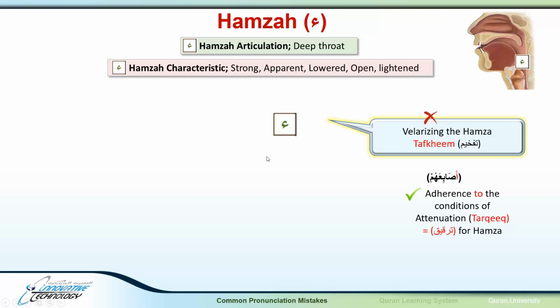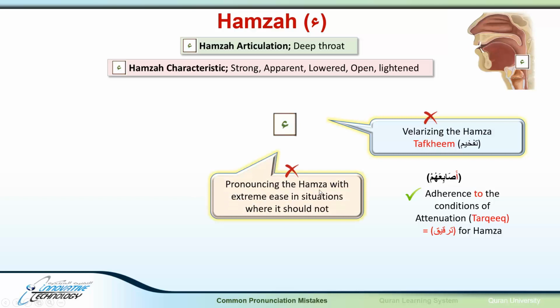Second common mistake is pronouncing the Hamza with extreme ease in situations where it shouldn't. An example of that is Ya ayyuha. You're almost not hearing the Hamza, as if the A vowel is extending to the Ya vowel.